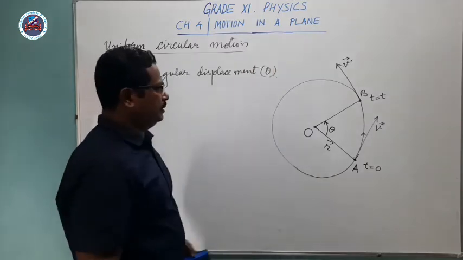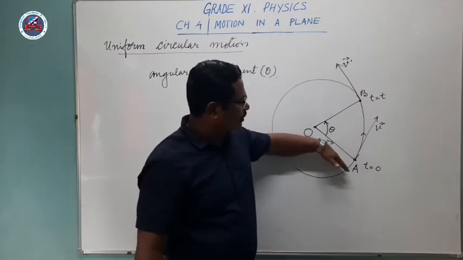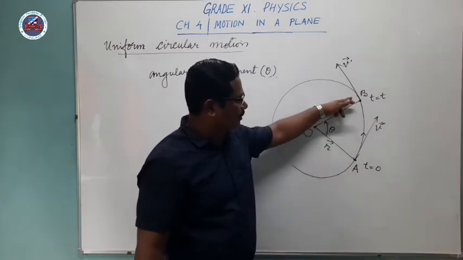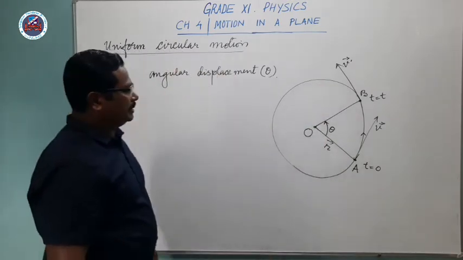The angle described at the center of the circular path when a body moves from one point to another point in a circular motion is called angular displacement.